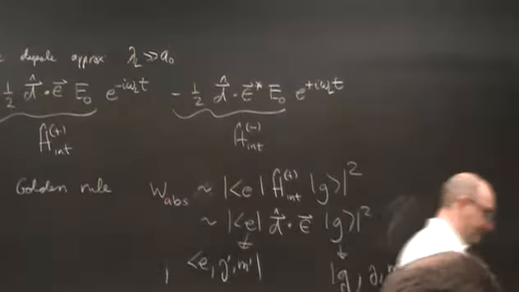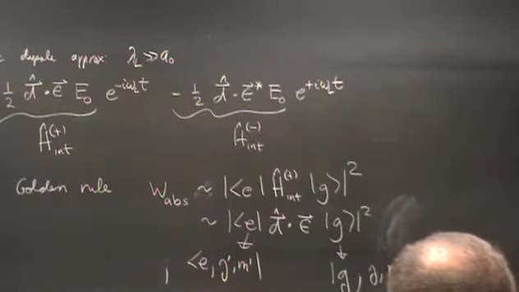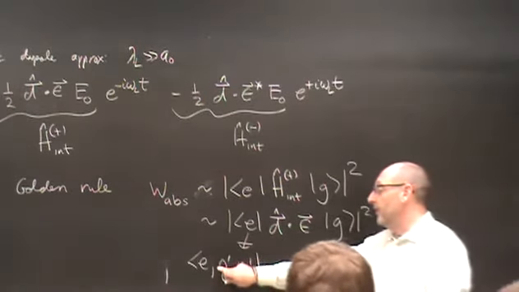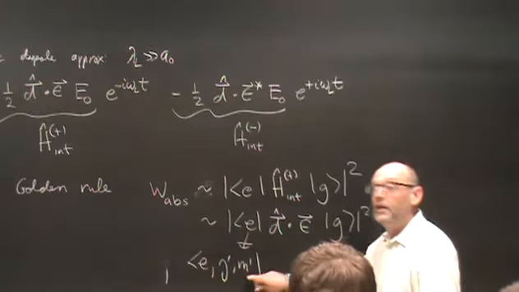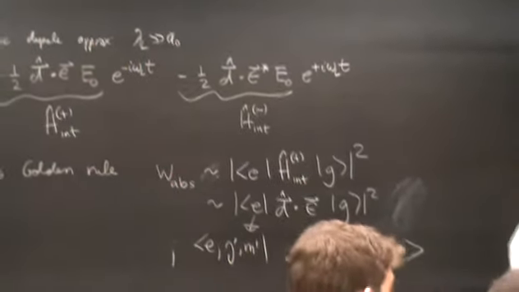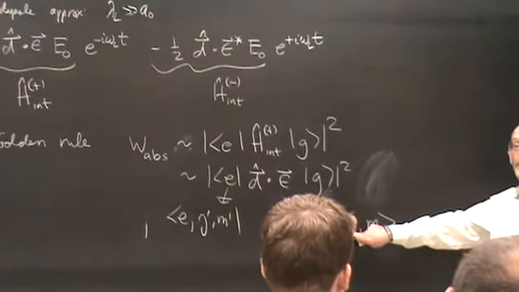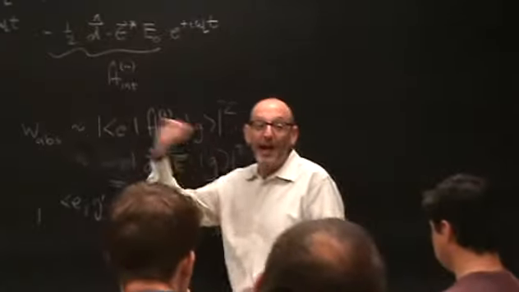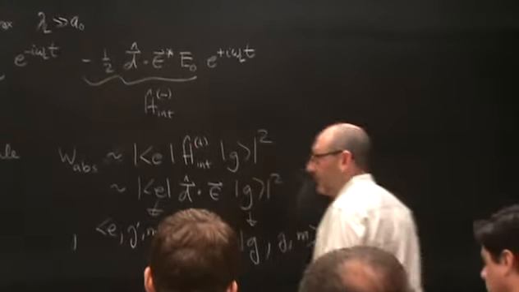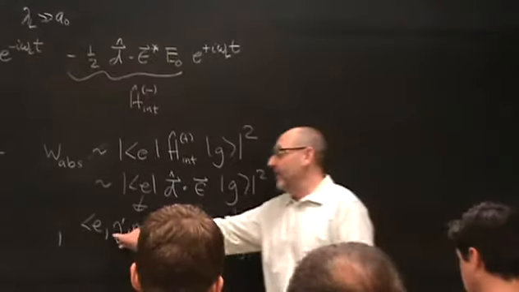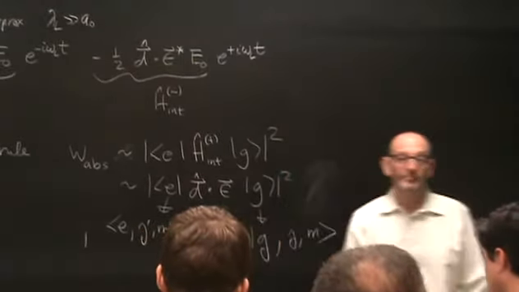For example, if I ignored spin altogether, this could be L and M sub L, and L prime and M sub L prime. Or if I include the fine structure, this could be the total electron angular momentum, J and M_J. Or if I included hyperfine structure, then this would be F and M sub F, and F prime and M sub F prime.